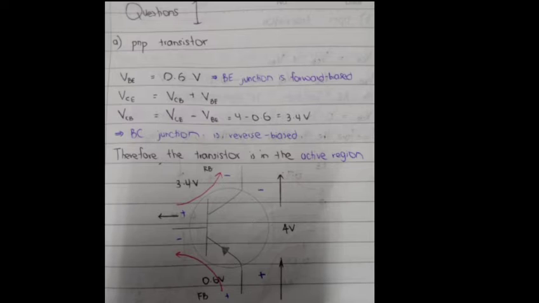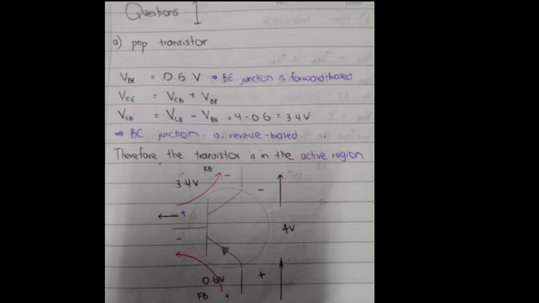Okay, this is the answer for question 1. We need to find the type of transistor, forward or reverse bias, and the region. For A, the type of transistor is PNP because the arrow is going towards B. We already have the value of VBE.